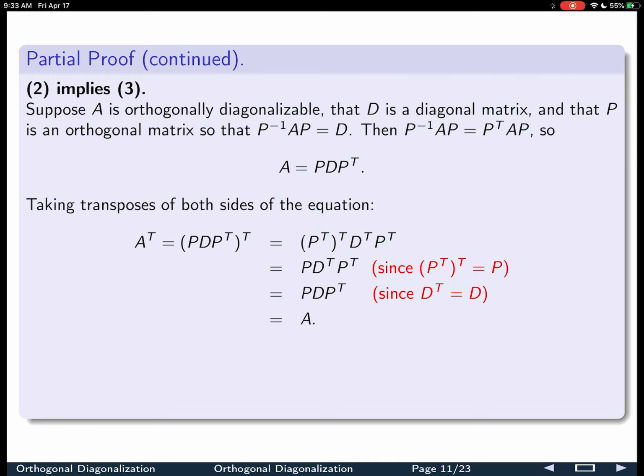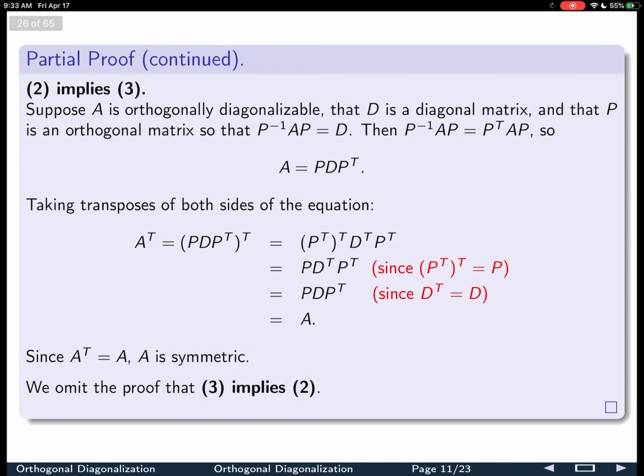And then since a diagonal matrix is always equal to its transpose, we get the third line, and that is A. And so we've really just proven that A equals A transpose, and A is symmetric. The other ones were even more boring than that.